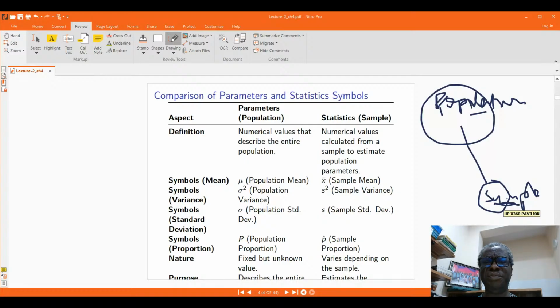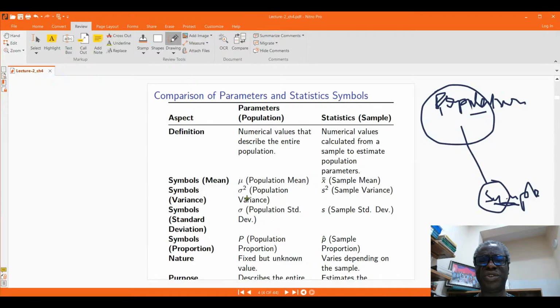In terms of symbols, Greek letters are usually used as the symbol for population values. Like the population mean, you use the Greek letter mu. The corresponding estimate from the sample is called the sample mean, and we use X bar.